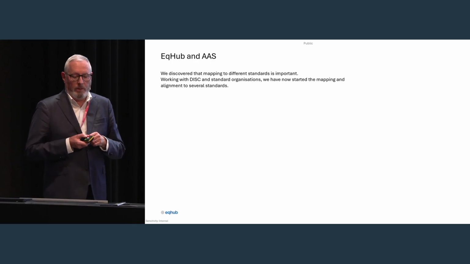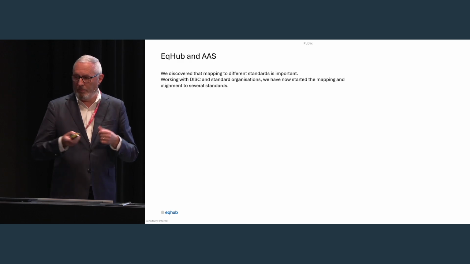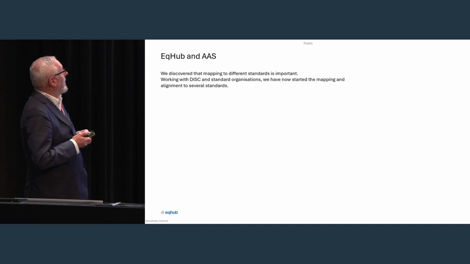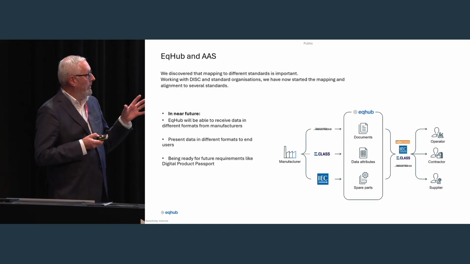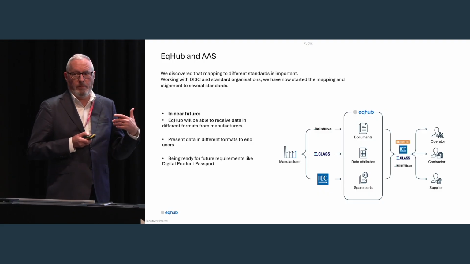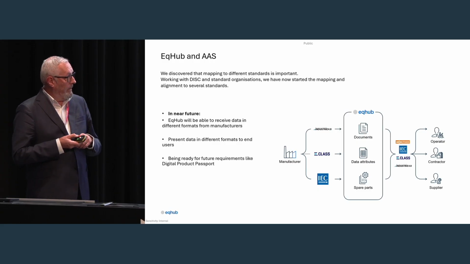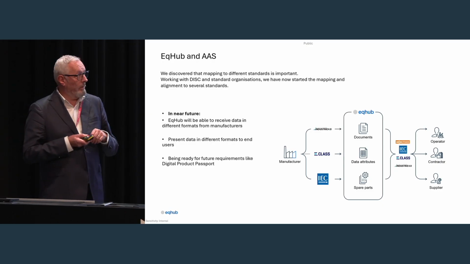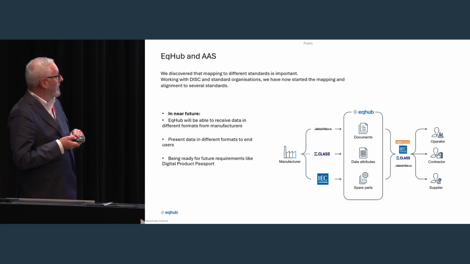And we're not doing it alone, because we know there is a lot of mapping out there that we will also be able to capture and work together on. So in the future, the EQHUB strategy is to receive data in any format and be able to deliver data in any format. We will of course make sure that we have all the required documents, but that is at least the target.